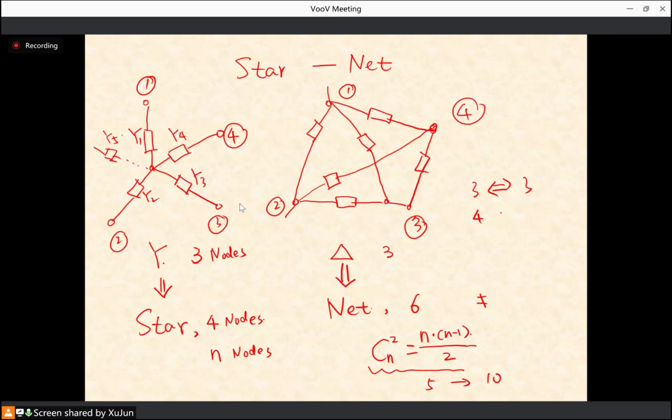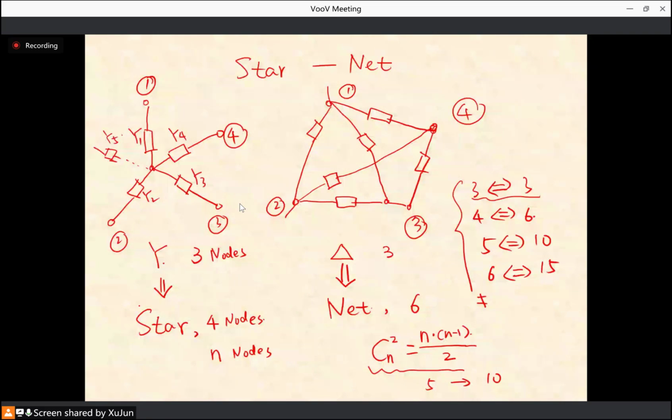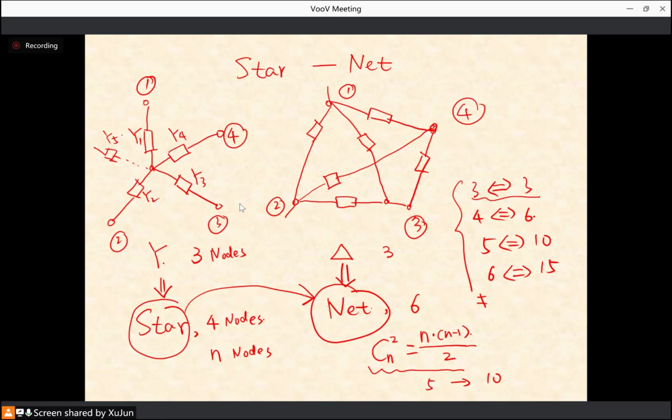For 4 nodes it is 4 to 6, for 5 nodes 5 to 10, for 6 nodes 6 to 15. So they are not equal. Only this kind is equal. This is the definition of star and net connection. At first, we'll introduce how to transfer from star to net, but from net to star, it's impossible. I will introduce that later.